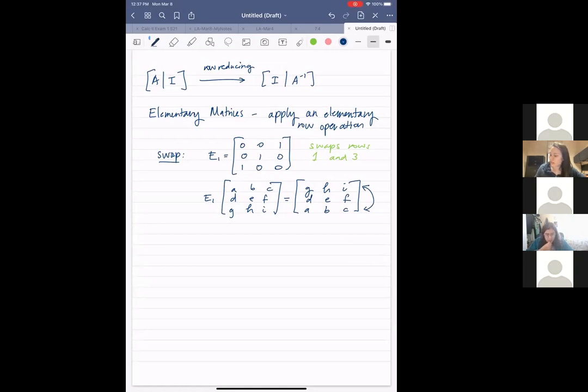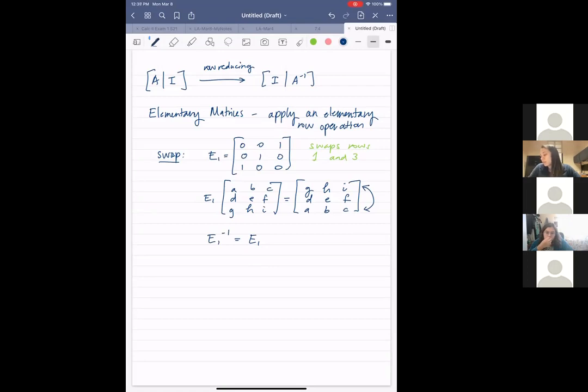Another thing about this type of matrix, a swapping elementary matrix: E1 inverse would be E1. You can go through and actually compute the inverse using the method that we learned last time.